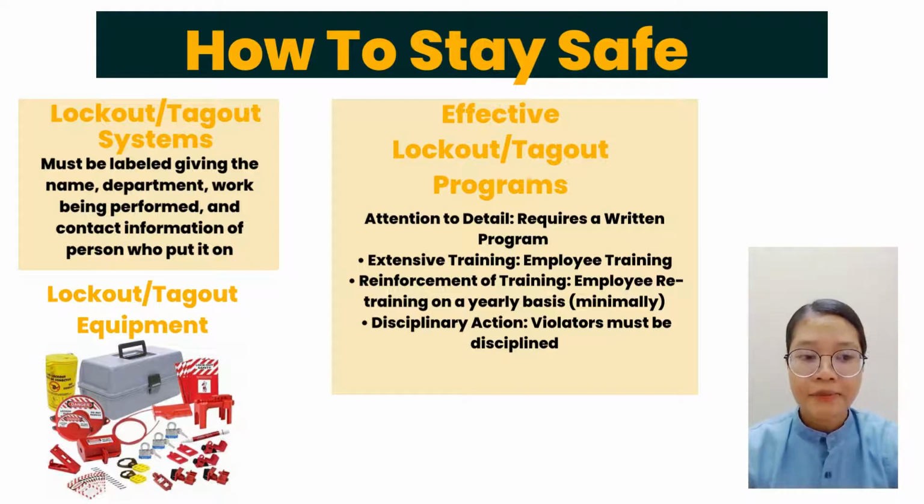This system must be labeled by giving the name, department, work performed, and contact information of the person who put it on. There is an example of a lockout and tagout system shown in the diagram.